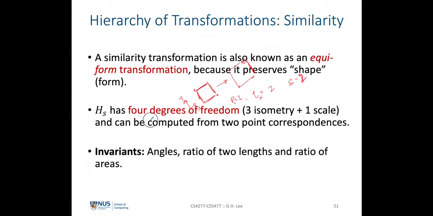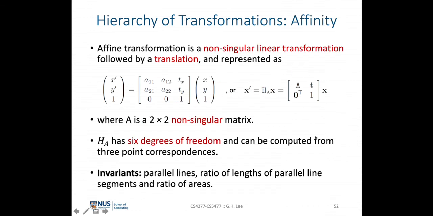H here has 4 degrees of freedom, 3 from isometry plus 1 for scale, in comparison to the previous isometry transformation that we have seen, where there are only 3 degrees of freedom. So in addition to the preservation of shapes, the angle, the ratio of 2 lengths, and the ratio of areas are also preserved in this similarity transform.